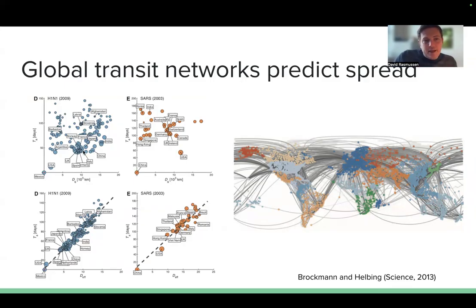And here you can see that actually there's only a very weak positive relationship between the distance between these locations and how long it takes these viruses to move between these two locations.